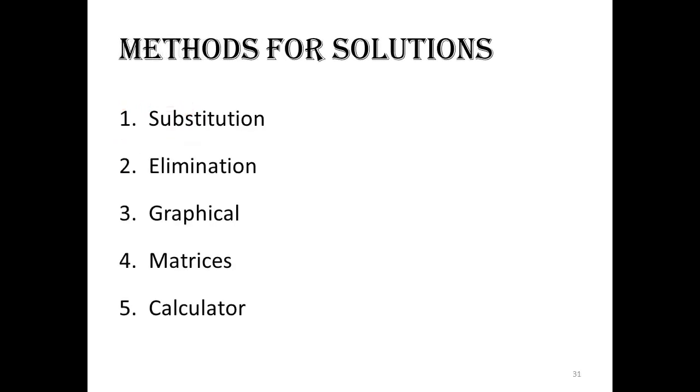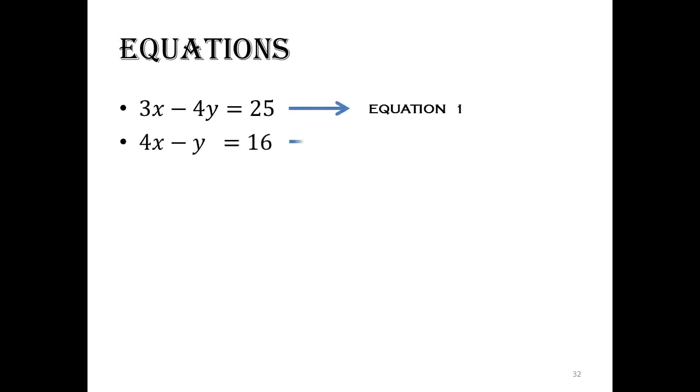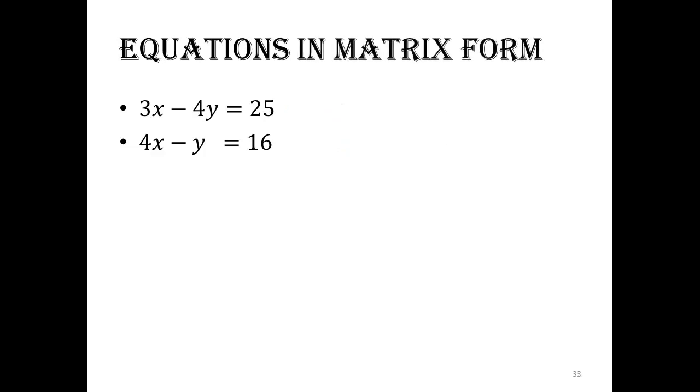Now the fourth method is the method of matrices. Let's see how to use this method. We have the same two equations, equation 1 and equation 2. The first step is to convert these equations into matrices. So we have one matrix for left hand side and the second for right hand side.